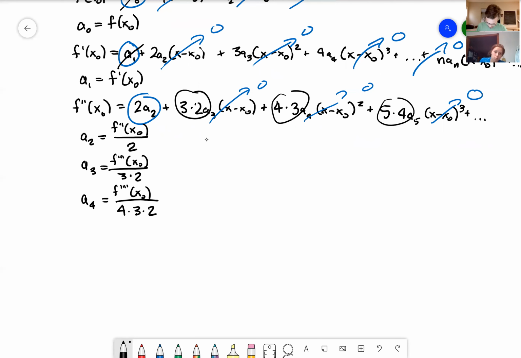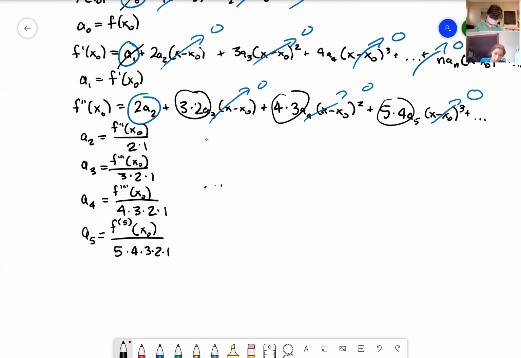So that's what we get for a4. And then one more for a5. We can see how this pattern is going to play out. I'm going to write a times 1 in there. No harm in doing that. Anyway, it makes it clear what's going on.